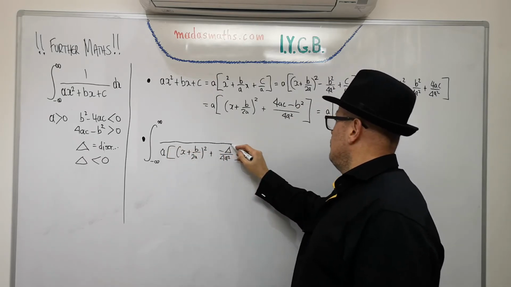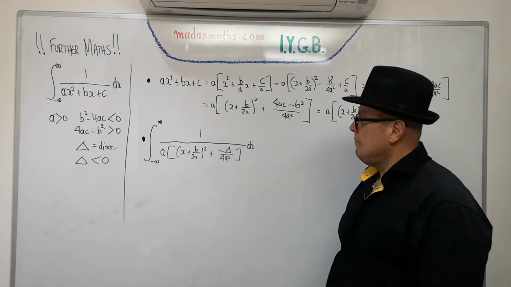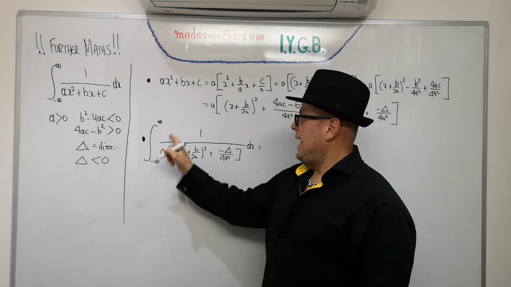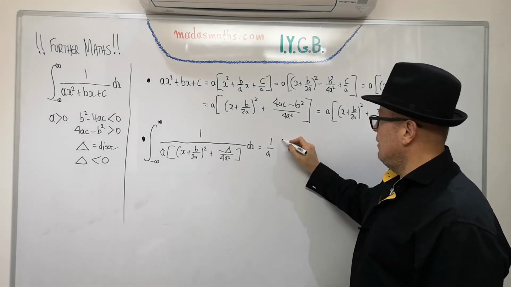That's my denominator, of course. 1 over dx. Okay, quite clearly this 1 over a, I'm going to move outside the integral so it doesn't really interfere, it doesn't bother us in any way.